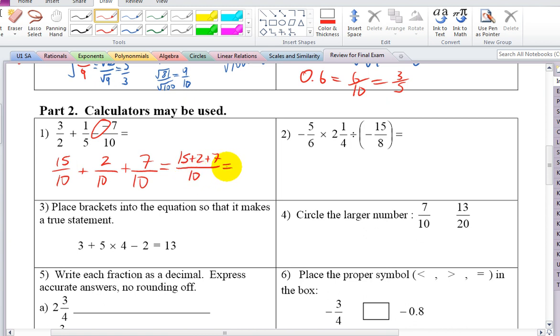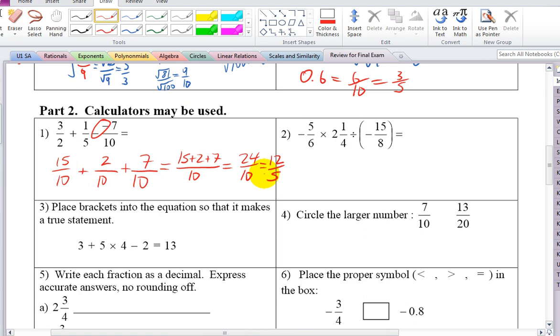Go ahead, complete it. So I believe this is what? 24. Lowest terms? 12 over 5. Okay, good enough for me.